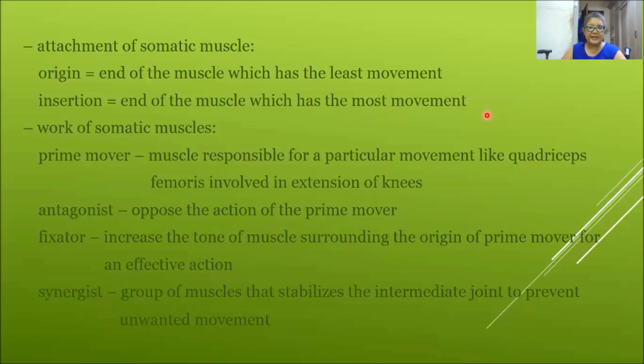While your fixator will increase the tone of muscle surrounding the origin of the prime mover for effective muscle action. So the fixator surrounds the prime mover to enhance its contraction or movement.